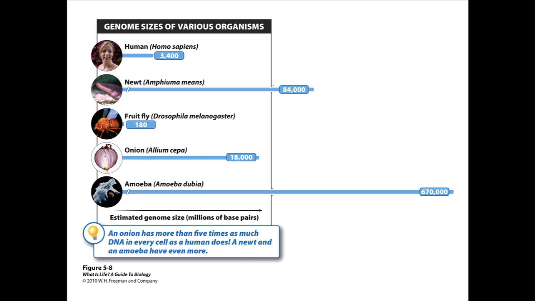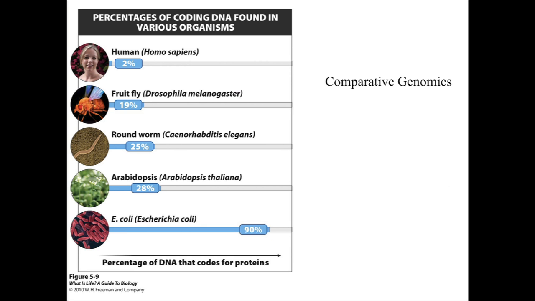I should point out that genome size does not well correlate with organismal complexity. For example, if you use genome size as sort of a genetic IQ, humans are not doing so well in comparison to an amoeba. Same thing goes with the number of genes.